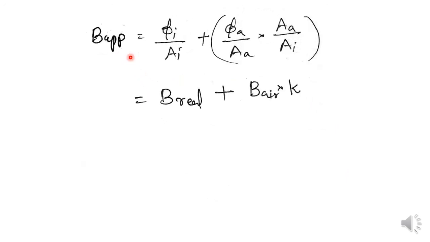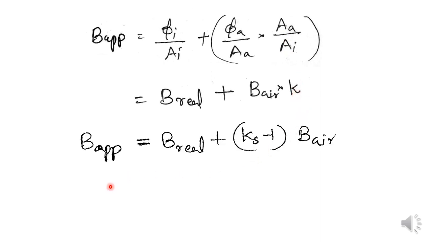B apparent is equal to phi I by AI, which is the real flux density by definition, plus B air, the flux density in air, into AA by AI, which is small letter k.